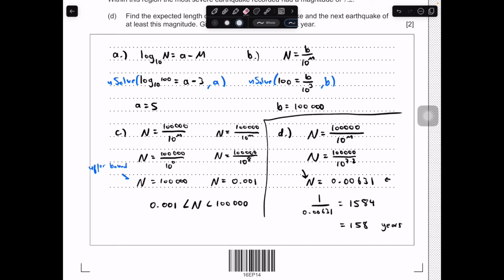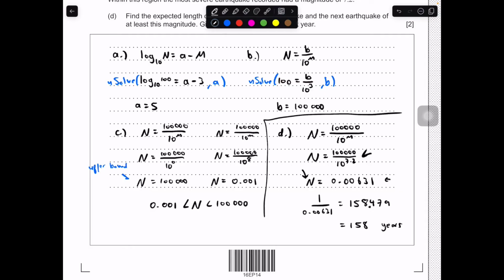Let me just change this decimal point real quick. Okay, so 158 years.